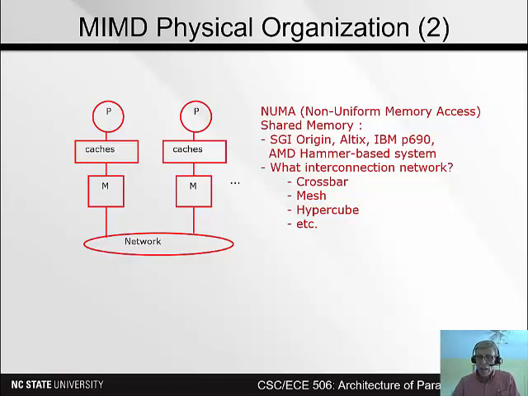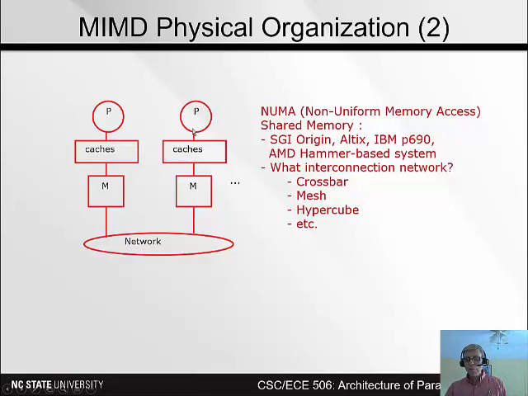UMA stands for Uniform Memory Access, which means that a memory reference takes the same amount of time, regardless of where in the memory it goes. With a NUMA architecture, you have your local memory and your non-local memory.